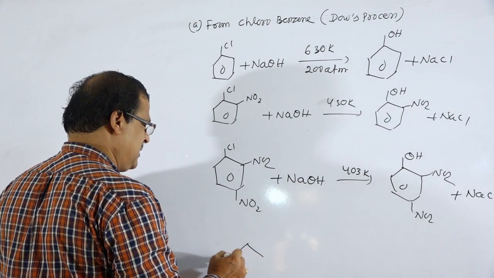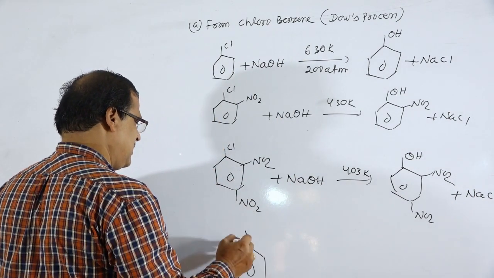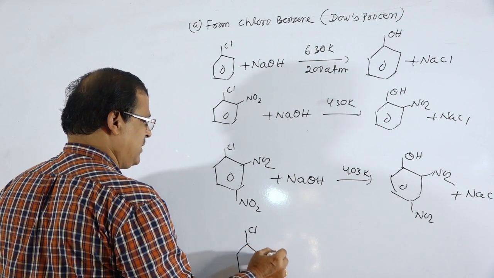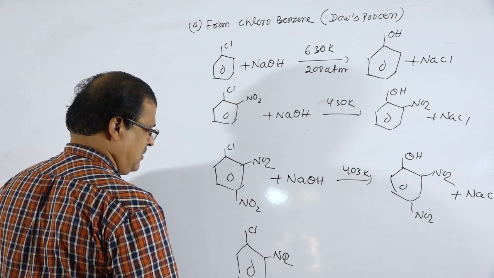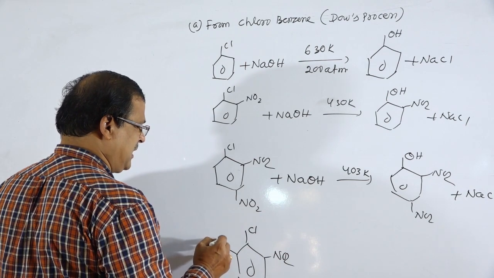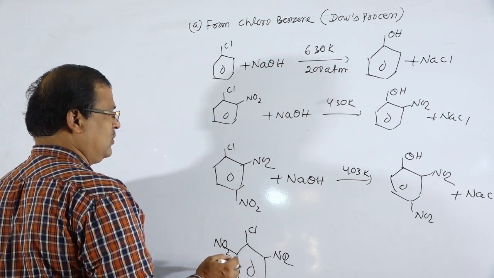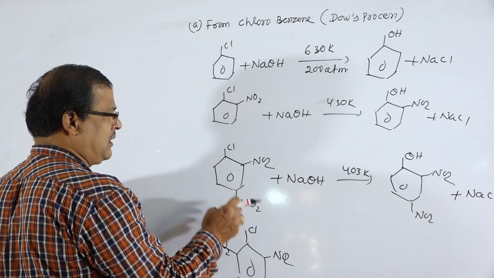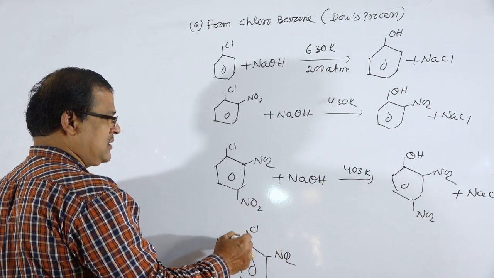And if we take Cl with NO2, the presence of the minus I group NO2 withdraws electrons toward itself, meaning the double bond characteristics will decrease.